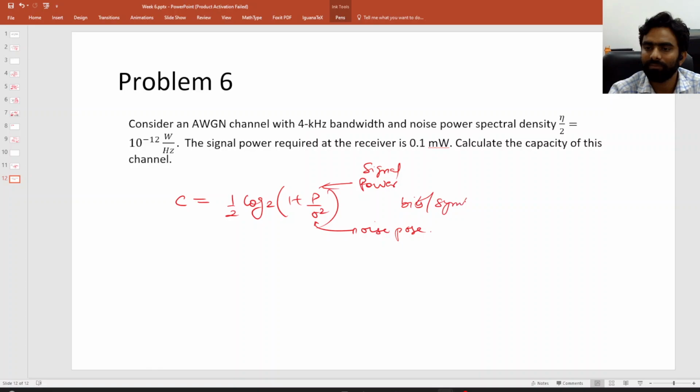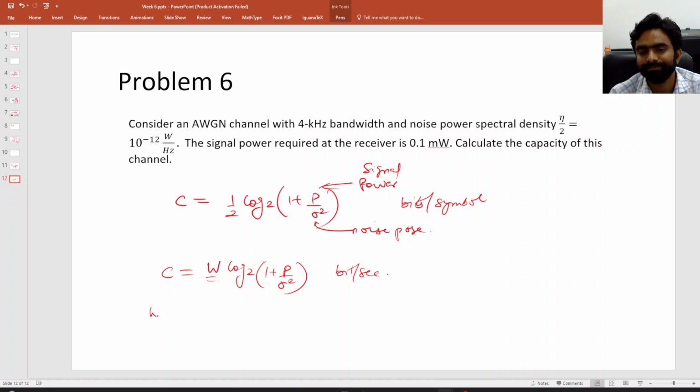Bits per symbol, this we can also calculate, but here the bandwidth is available, so one more formula is there, W log 1 plus P by sigma square. This will give the capacity in bits per second, where 2W is the bandwidth. Clear?